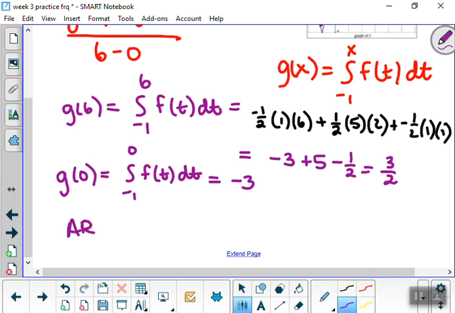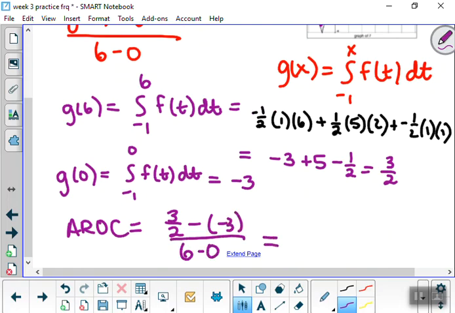So my average rate of change is 3/2 minus -3 over 6 minus 0. You do have a calculator, so you should have everything worked out, I believe. I don't know. I'll be interested. I have to watch a video on this and see what they say about that.